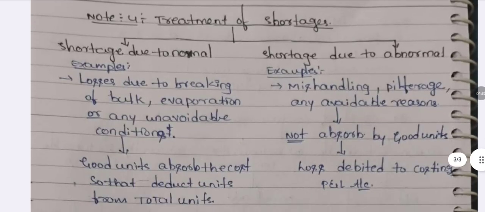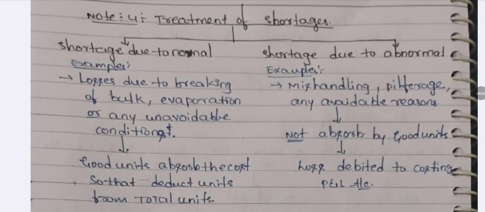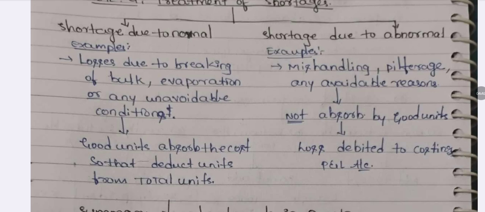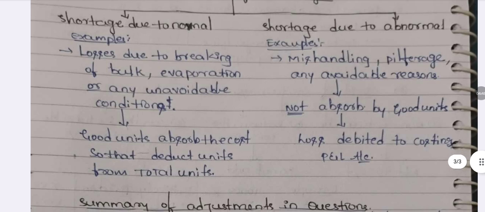Then a note for treatment of shortages. Normal shortage is due to normal losses like breakage, evaporation, and any unavoidable reasons. The normal loss is absorbed by the good units, so that the good units' cost will be increased.